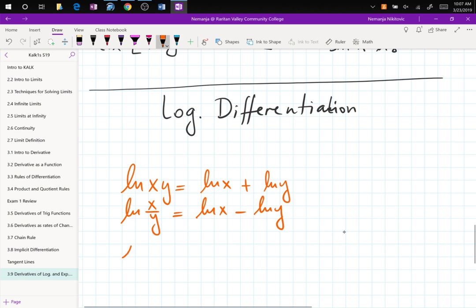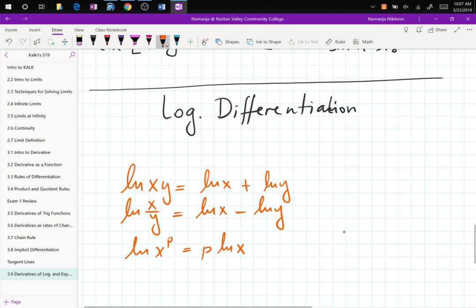And the last one, ln of x to the power p is p ln x.